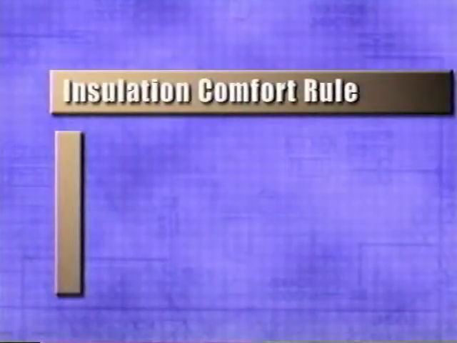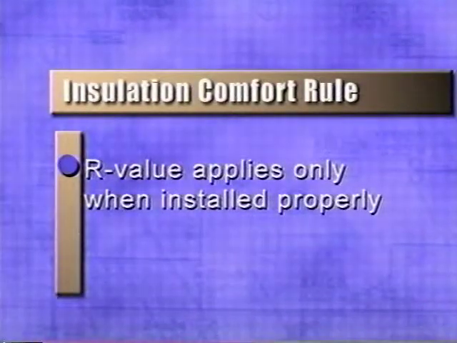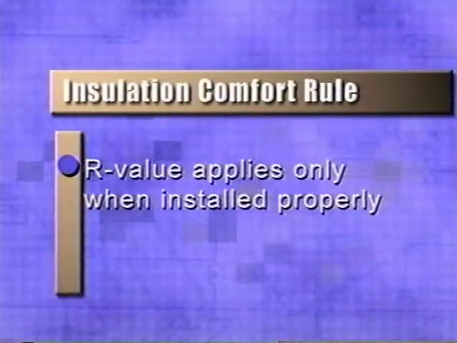Typically in a normal house, we might find dozens and dozens of places where one or more of those things are happening, so that the R value that's printed on the little paper is not being achieved. So our comfort rule is: the R value of insulation is achieved only if it is installed properly.